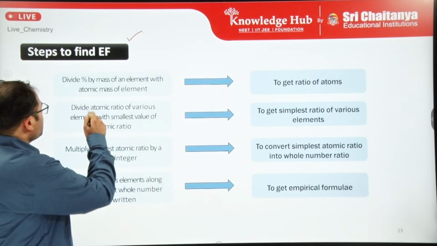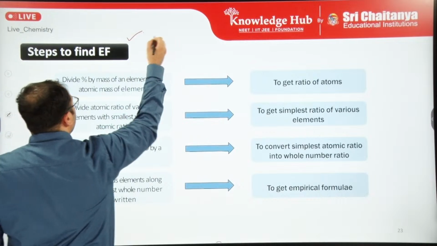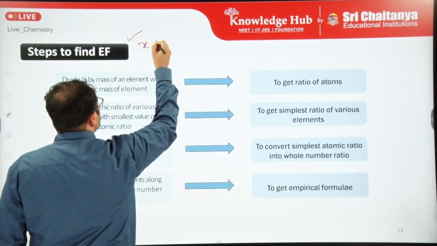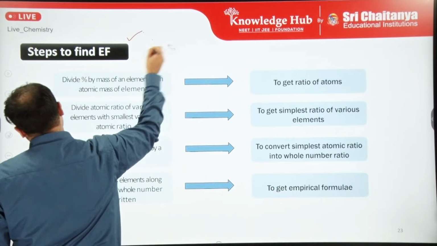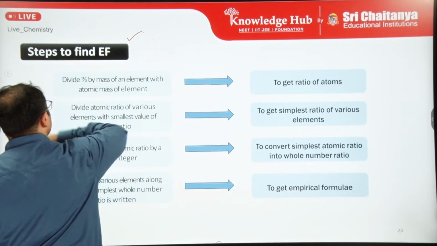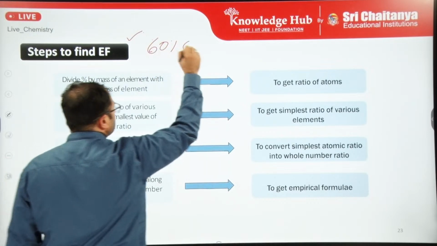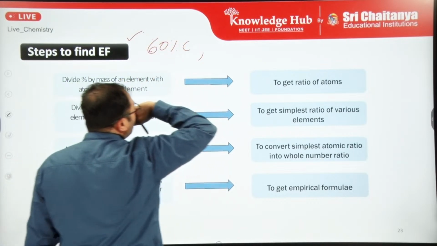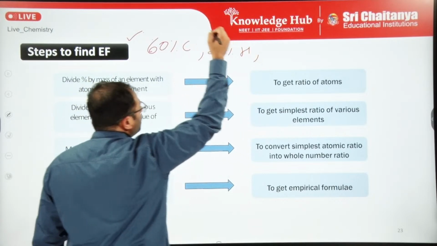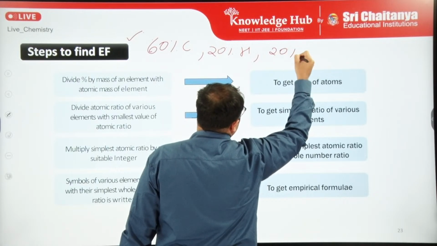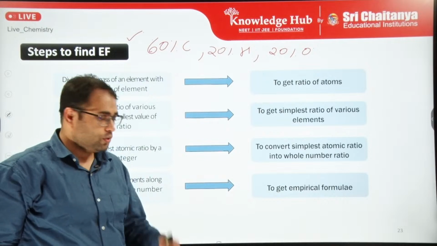Now if you have the mass percentage, what you have to do is, suppose you have 60% carbon, 20% hydrogen and 20% oxygen. These are the percentages of mass given to you.